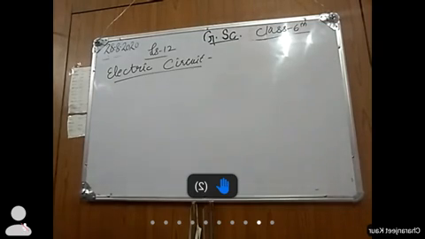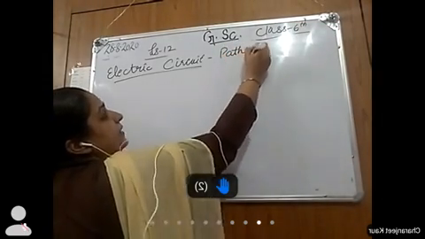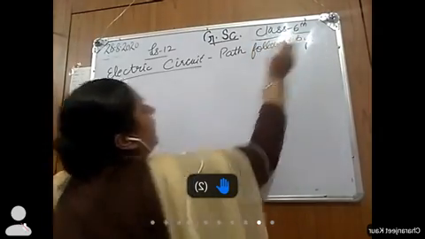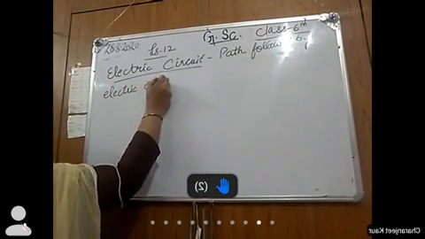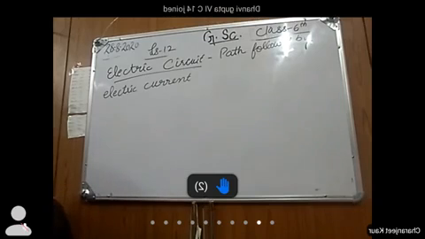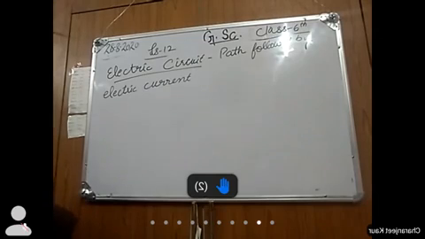It is the path followed by electric current. It is the path by which the electric current moves. That is known as electric circuit, right?